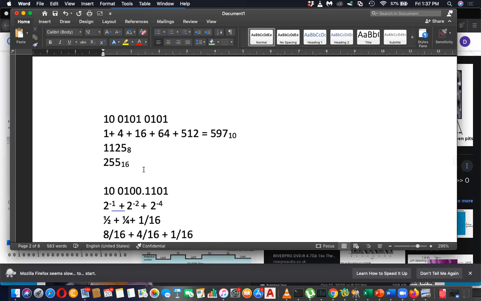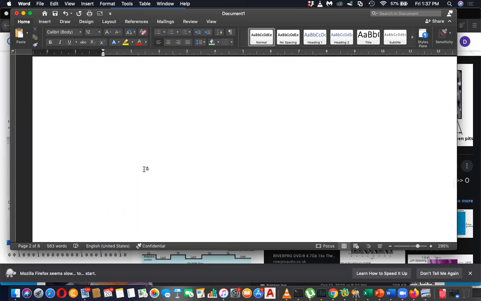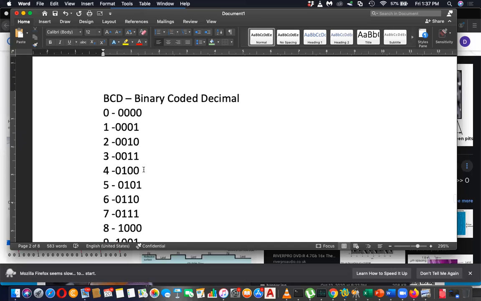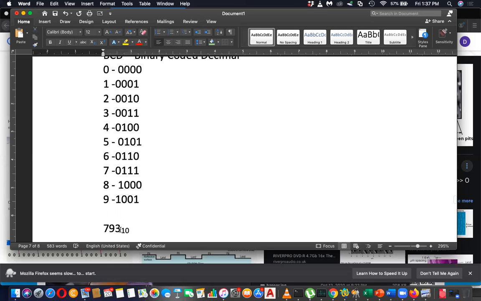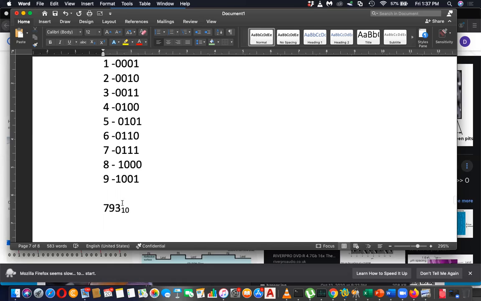But in BCD, we are not going to take that effort. Actually, we are going to be lazy in BCD. BCD was introduced with these digit codes, so we are not going to divide. Even if you have a decimal, we simply write it using these codes. 7 means this one, 9 means this one, 3 means this one.